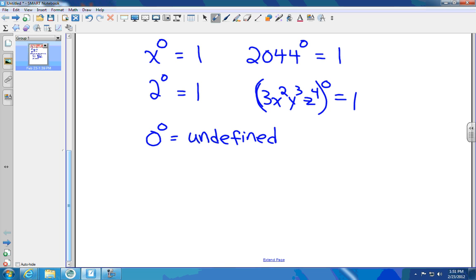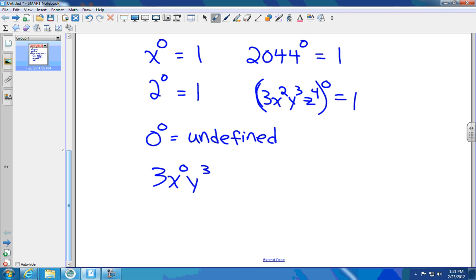If it's like 3x to the 0 power? Anything to the 0 power is 1. So if you had y to the 3rd after that, what here is being taken to the 0 power?